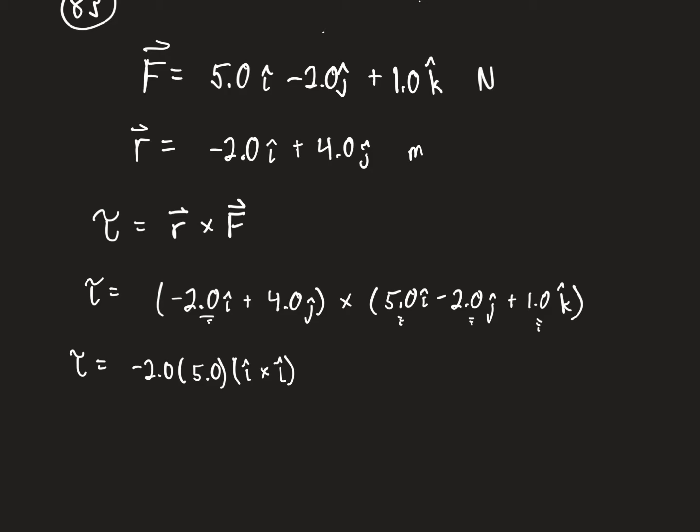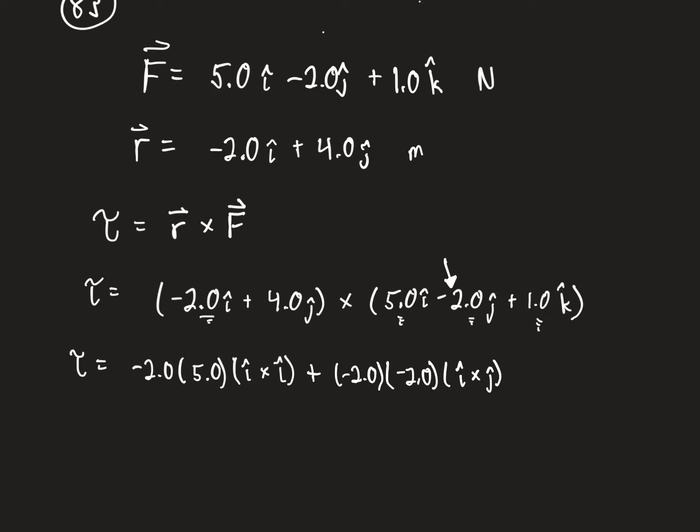Then I add negative 2.0 again times the second element in that force, negative 2.0. And then what vectors am I taking the cross product of? I hat cross J hat. The order of those is important; you have to maintain that order.